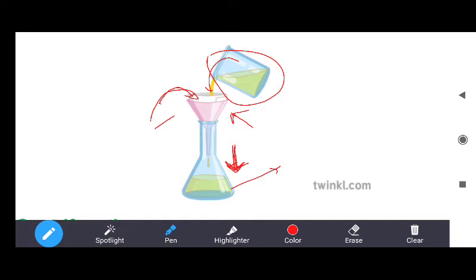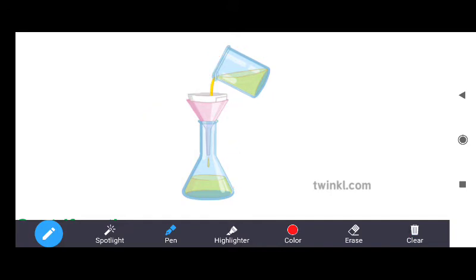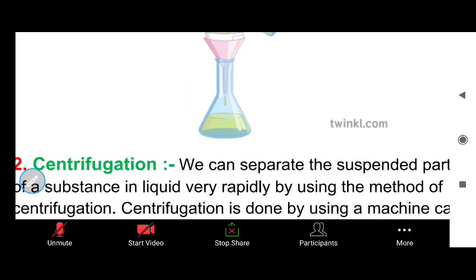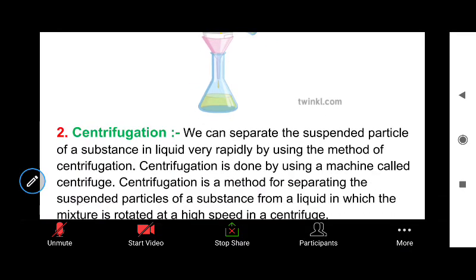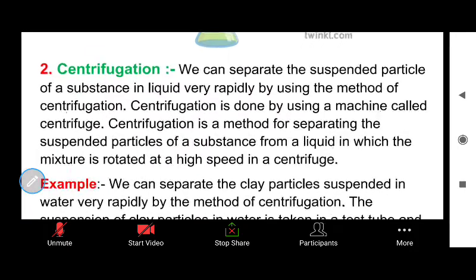This method is called filtration. We will also do a practical in the lab when school reopens.